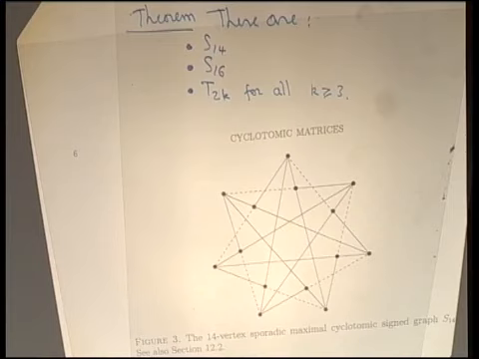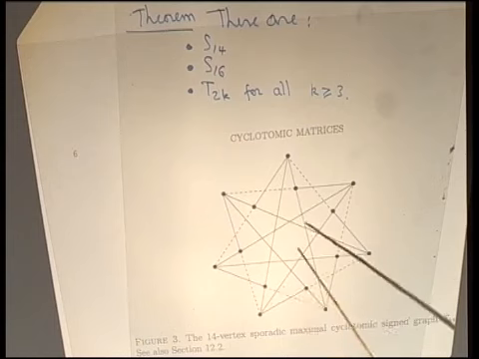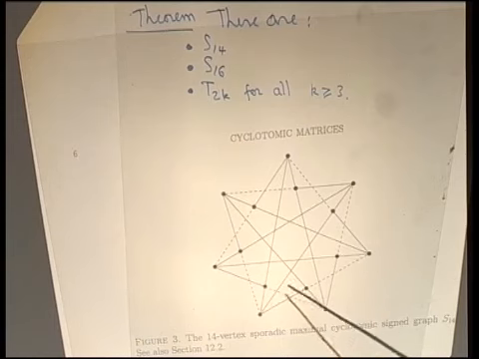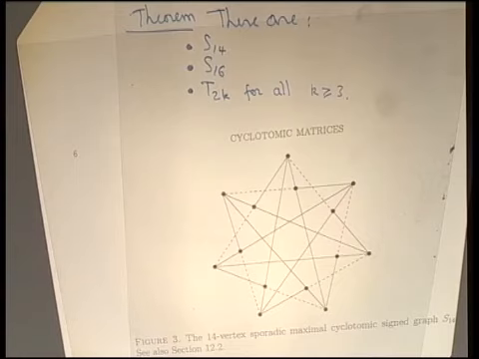Therefore, if you square it, you get 4s on the diagonal, and if you choose any two vertices, say vertex i and vertex j, and look at the paths joining them, then there are either 0 paths or 2 paths, and these 2 paths have opposite sign.